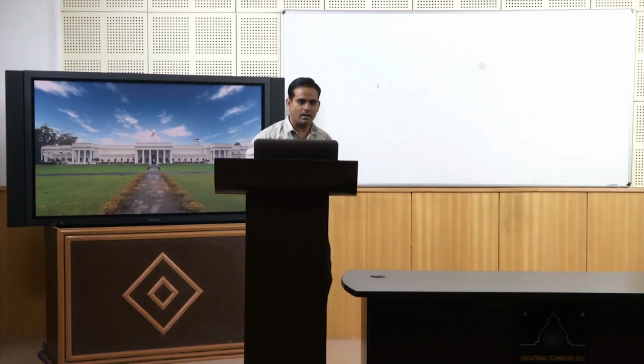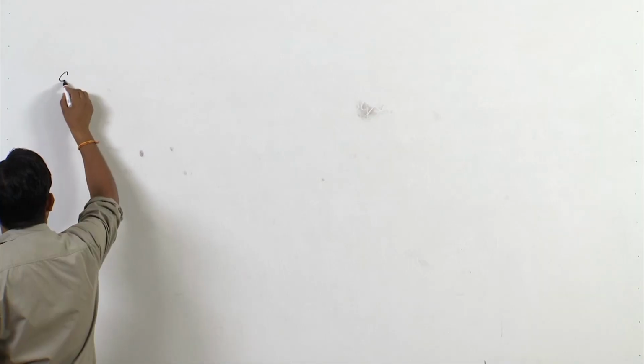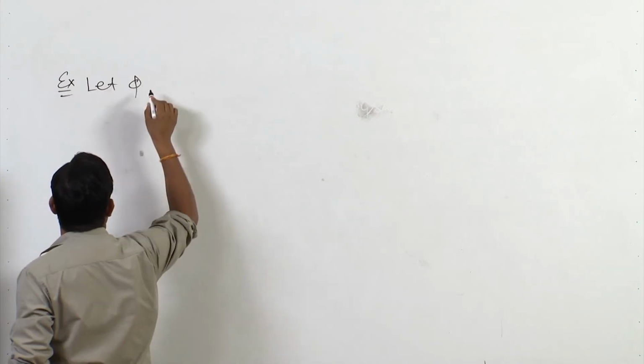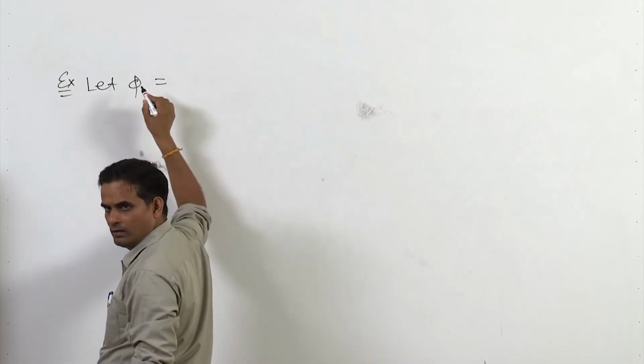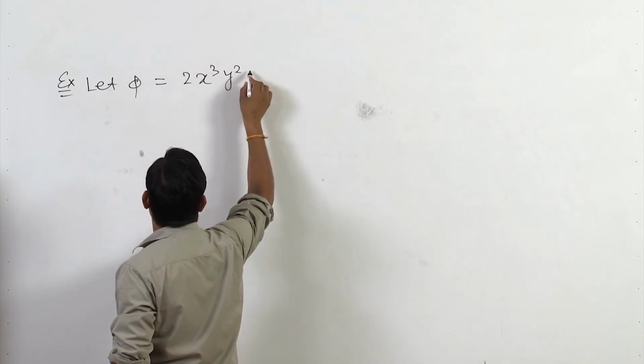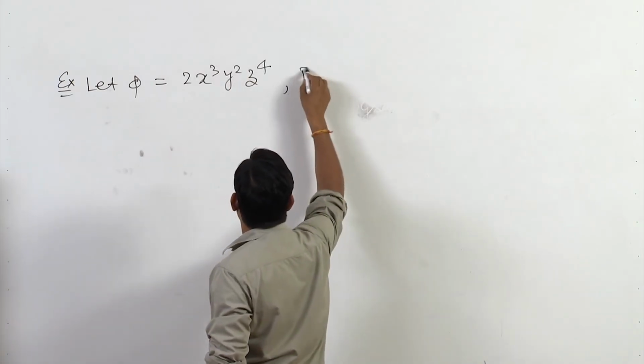Now, take one more example. Let phi be given as 2x cube plus y square into z raised to power 4.